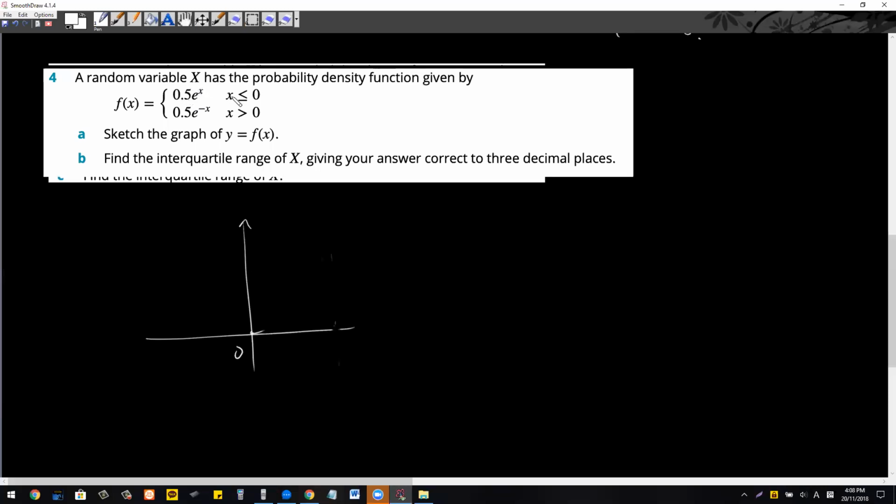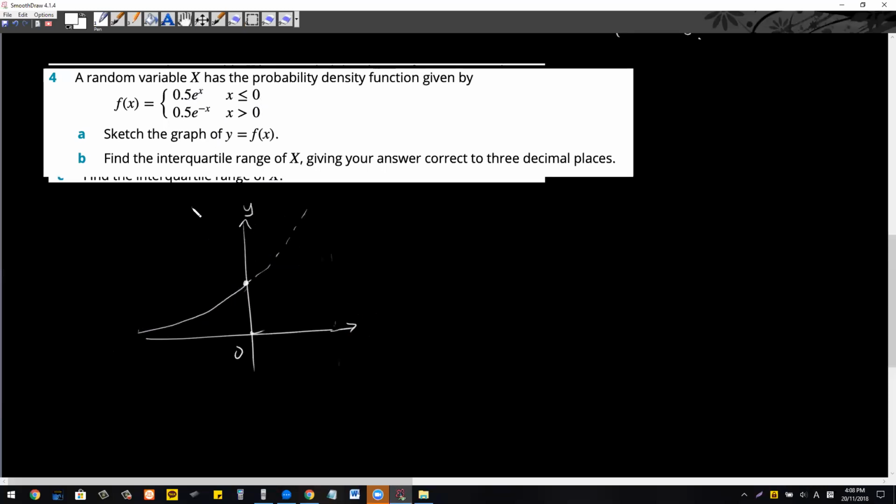It is defined for x less than or equal to 0. So it would actually look like this, but then you only take the negative side. The other one is just a mirror image of this with respect to the y-axis.